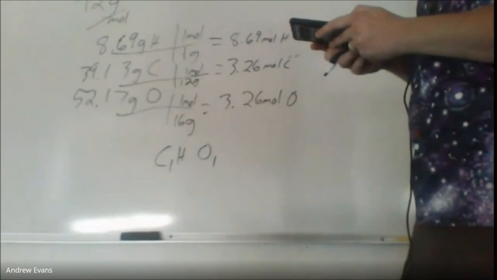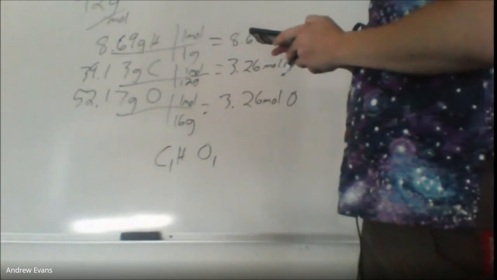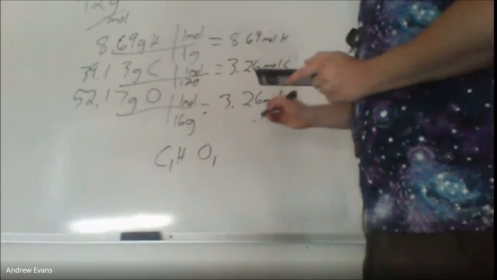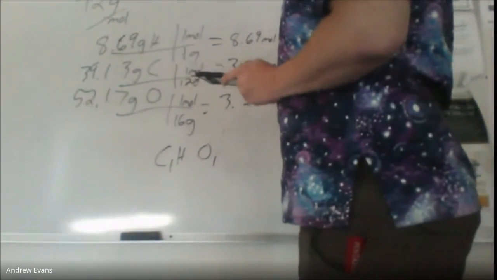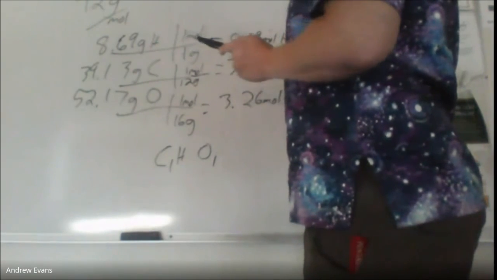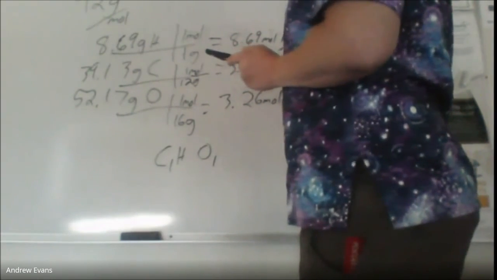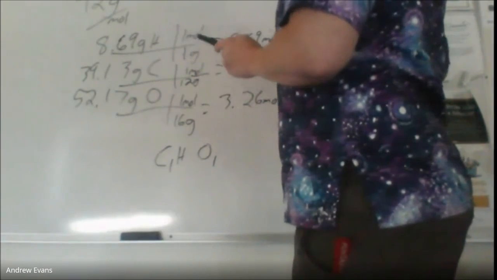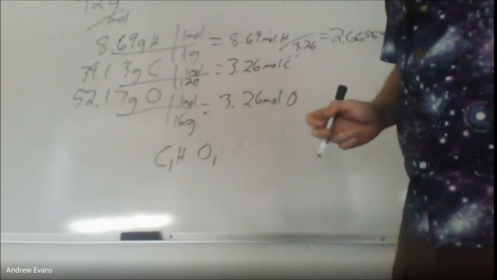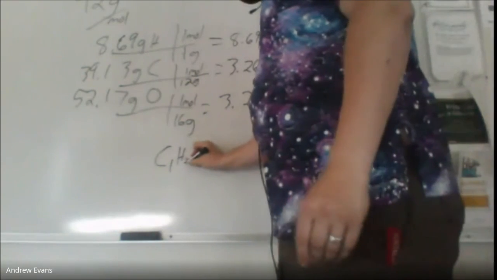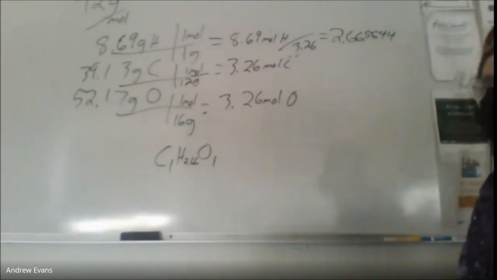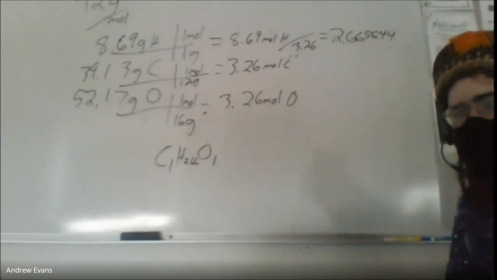So 8.69 divided by 3.26, we do this ratio, it's not a nice number. You get 2.665644 something, something, something. One thing we don't have is a nice whole number. I'm going to round it to 2.66, but that is not a whole number. I should not round it like it's a whole number.